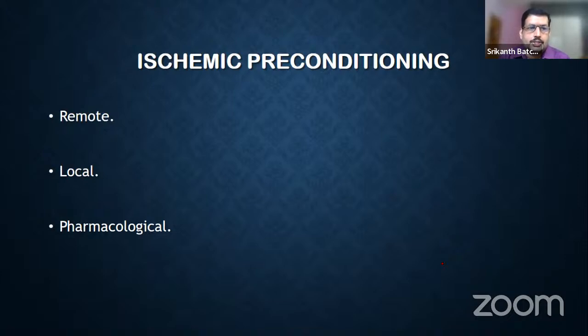There are three types: remote ischemic preconditioning, which we do away from the site of damage or injury, as in perioperative stages where we are going to operate; local, nearer to the site of damage; and pharmacological.